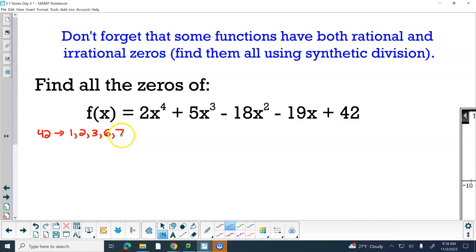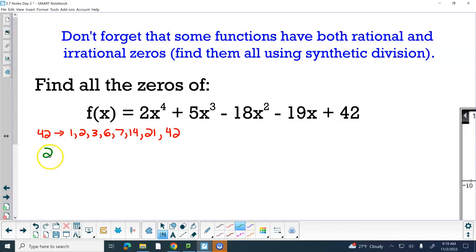Yep. Okay. Now, when you're doing factors, once you start coming back up, like 6 times 7 is 42, that means that you found all of the original ones. Now you just got to find the corresponding pairs below that. So 42 divided by 3 is 14. So 14 would be the next one. 42 divided by 2 is 21. So that would be the next one. And 42 divided by 1 is 42. Okay.